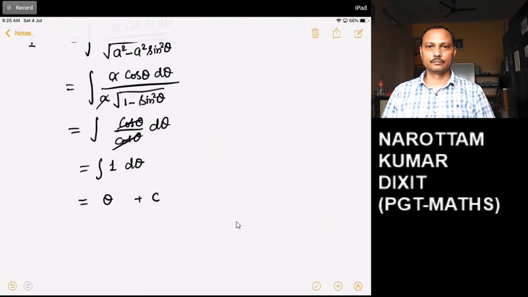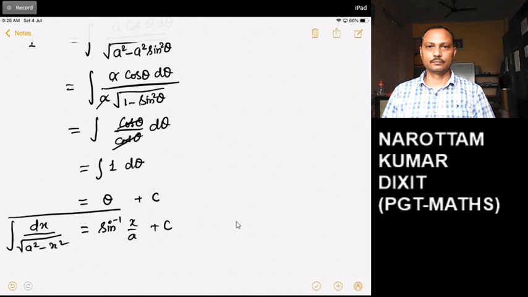So the value of theta is sin inverse x upon a, plus constant of integration. So this is the integration of 1 upon under root a square minus x square. So it is our fifth formula.